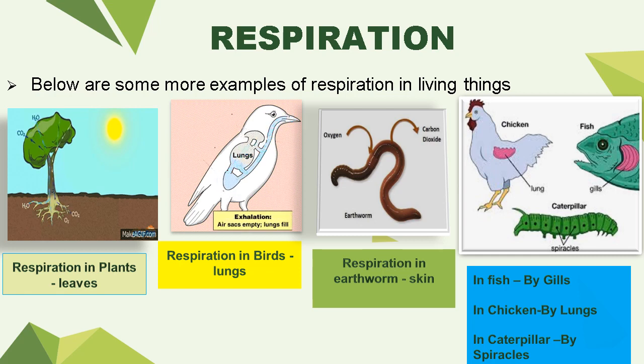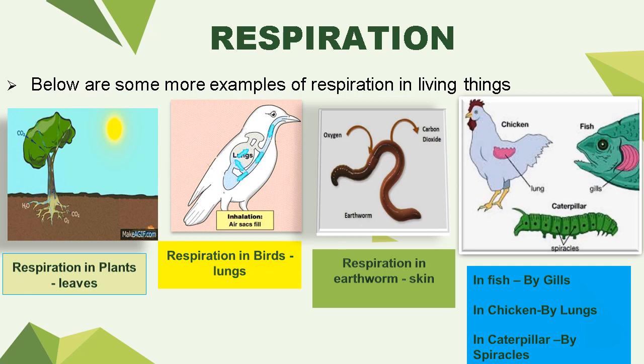Respiration in plants takes place by leaves through tiny pores on their surface, which are called stomata. The respiration in roots of plants occurs by the exchange of gases through the root hairs. The basic process of respiration is similar in all living organisms.